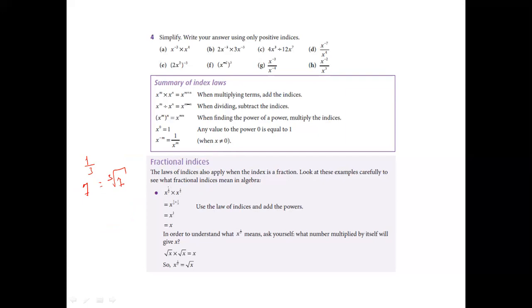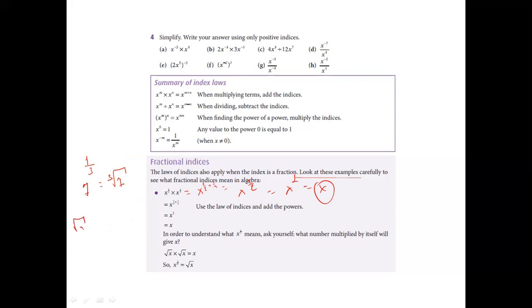And x to the power of 1 over 2 times x to the power of 1 over 2 is equal to x to the power of 1 over 2 plus 1 over 2, which is x to the power of 2 over 2. Use the law of indices: add the powers. 1 over 2 plus 1 over 2 is equal to 1, and x to the power of 1 means just x. To understand what x to the power of 1 over 2 means, ask yourself what number multiplied by itself will give x.